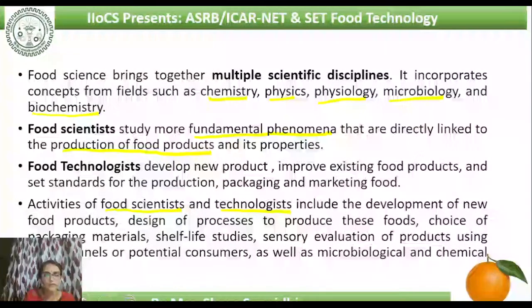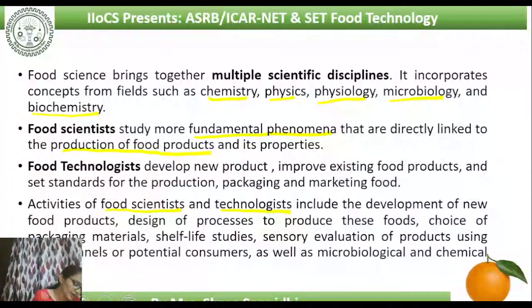Each individual's perspective will be different. One person might like this product, another might not, right? Based on the average liking, they will commercialize the product. That is how sensory evaluation is done.